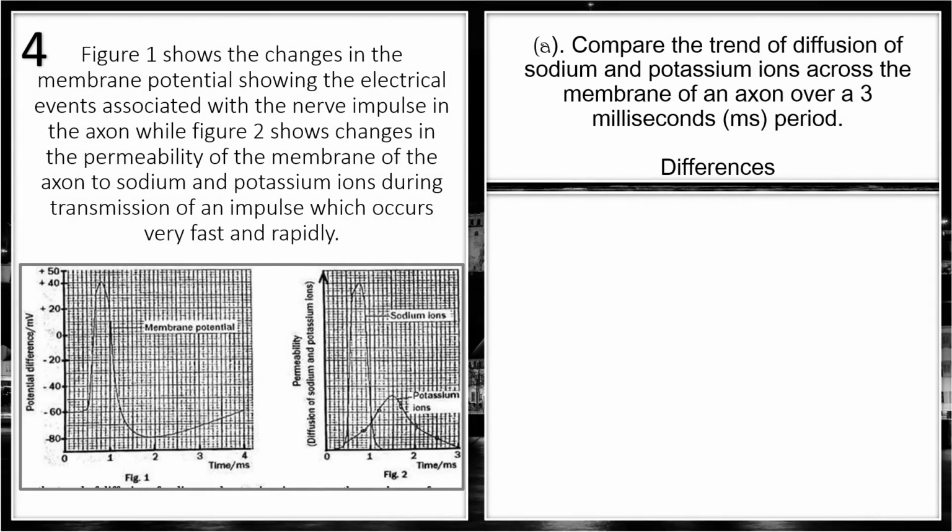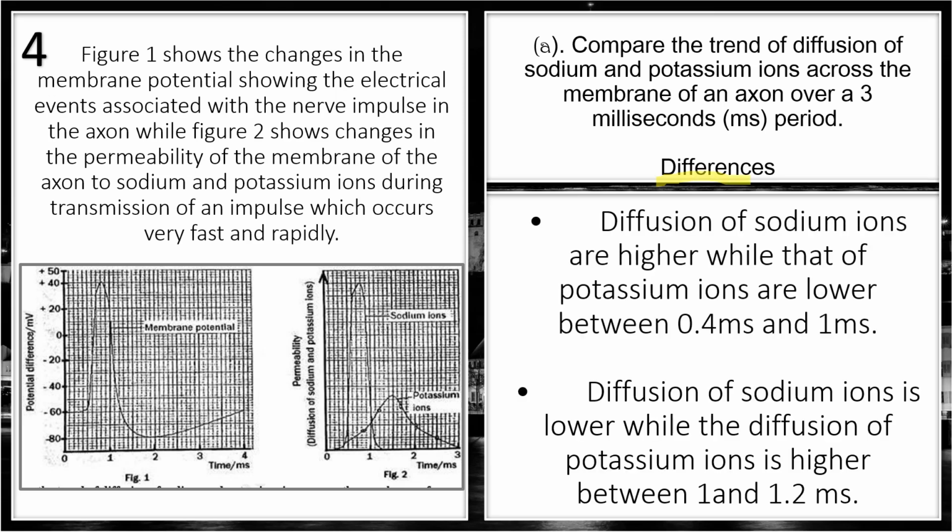Let's now look at the differences. The diffusion of sodium ions is higher, while that of potassium ions is lower, between 0.4 milliseconds and 1.2.